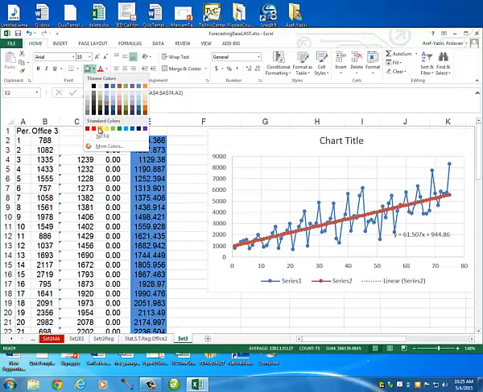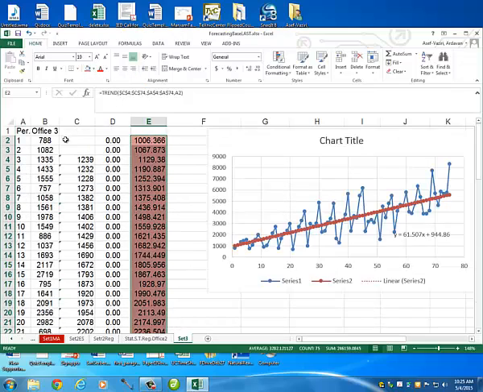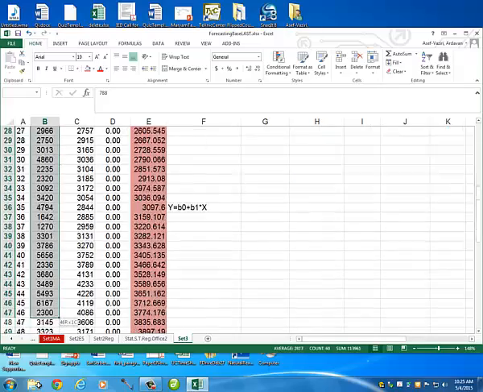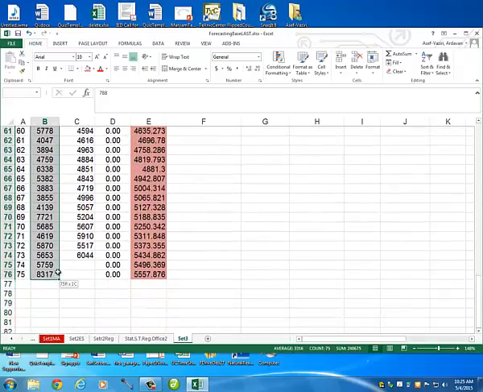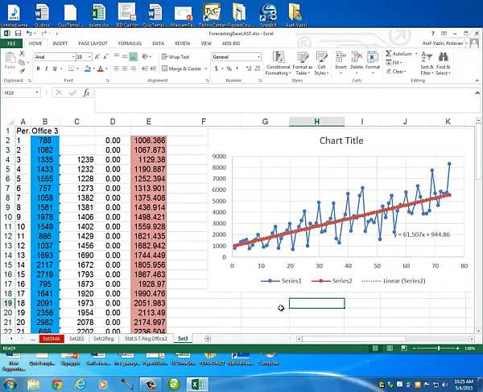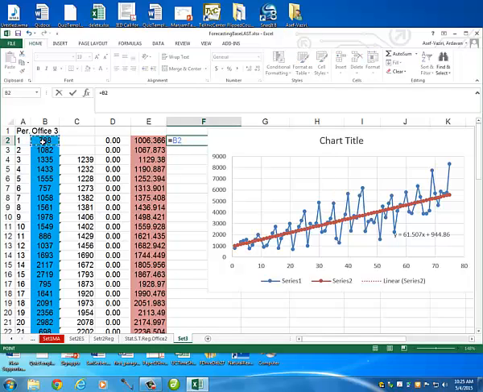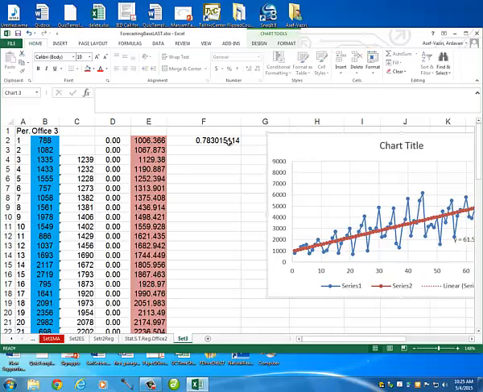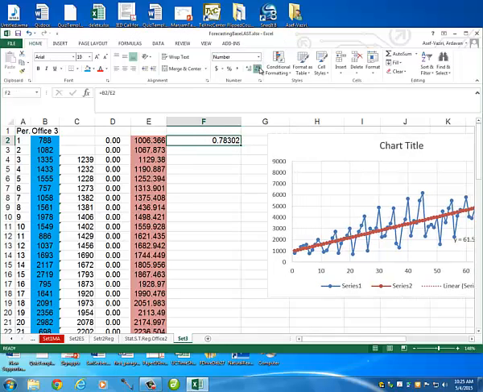Regression line, and this is my actual data. Regression line shows the trend, but it does not include seasonality. So if I divide what I have by what I have got on the regression line, what I get can be a seasonality index.